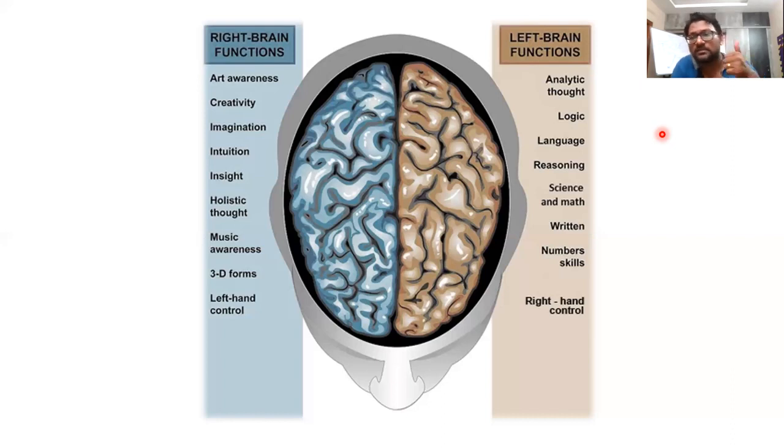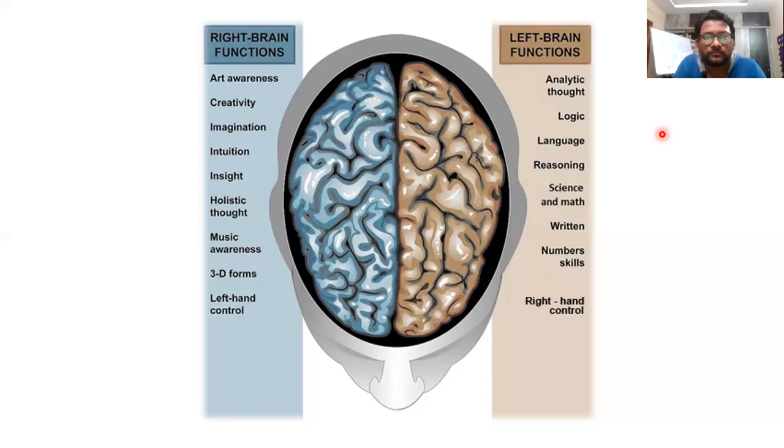Wernicke's area and Broca's area, their functions, are very important. Definitely you can expect a question, as you can see from previous years' papers as well, because to study human behavior, speech is one of the essential tools to understand the thought process of a particular individual.